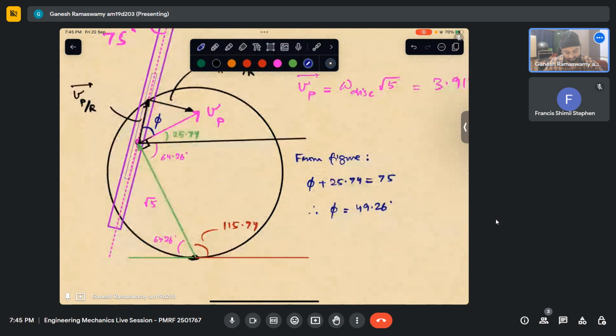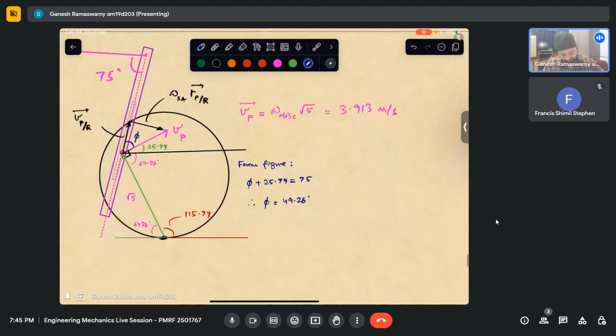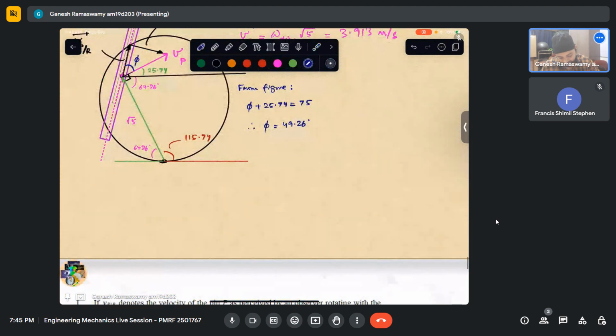Now it is very straightforward, the analysis. I have this angle as phi. So I can see that Vp with respect to r is nothing but Vp cos phi, and omega of the slotted arm into r_t with respect to r is nothing but Vp sin phi. So let us go ahead and do that.